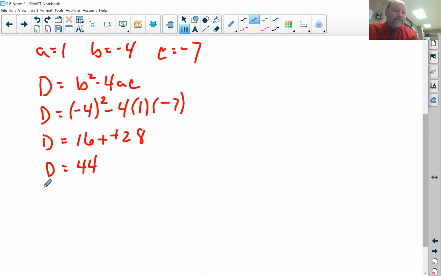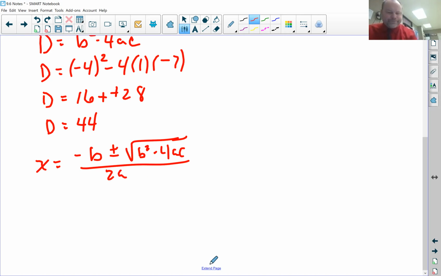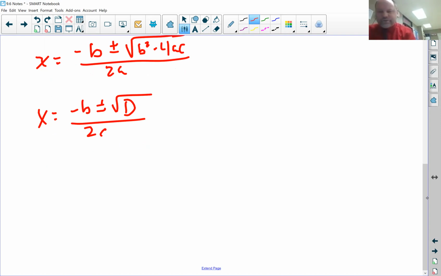Now our quadratic formula says we're going to take the opposite of b plus or minus the square root of b squared minus 4ac, all divided by 2a. This is our discriminant, so we actually save ourselves a little bit of work.